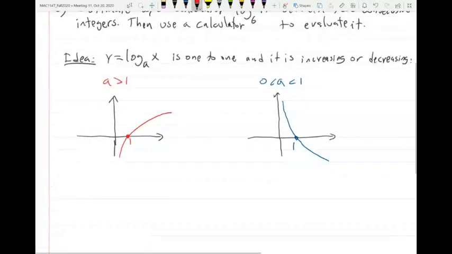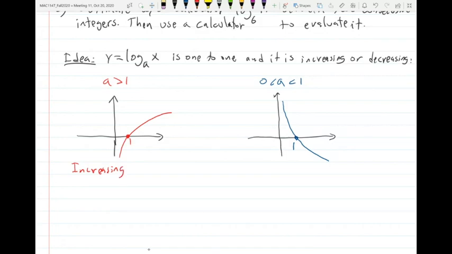In both cases it's always monotonic. So increasing, remember, what does increasing mean? Visually, that the graph of the function is going up, but what does that mean algebraically? It means that if x1 is less than or equal to x2, then when you apply the log function, you get that log of x1 is less than or equal to log of x2.